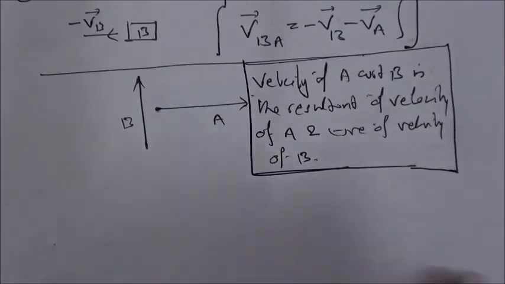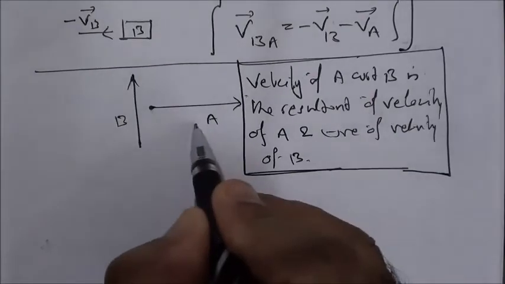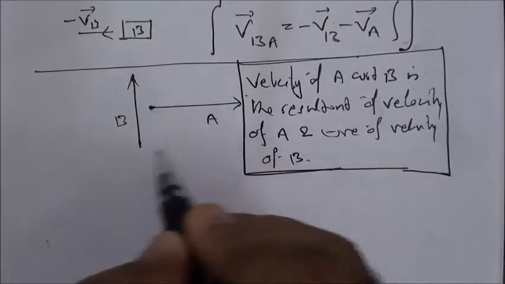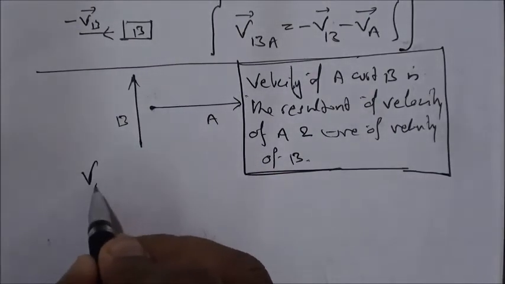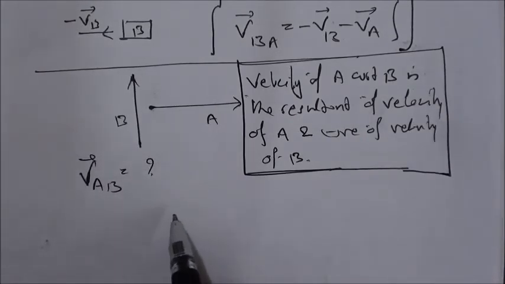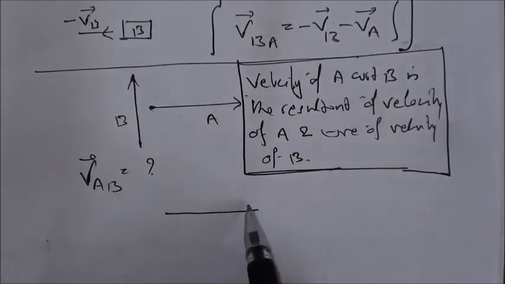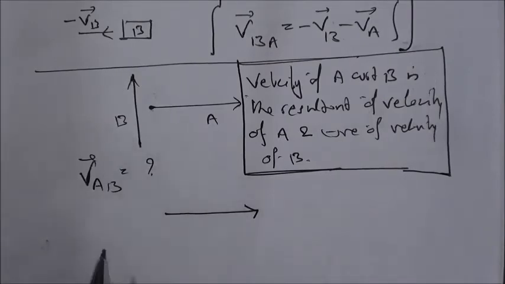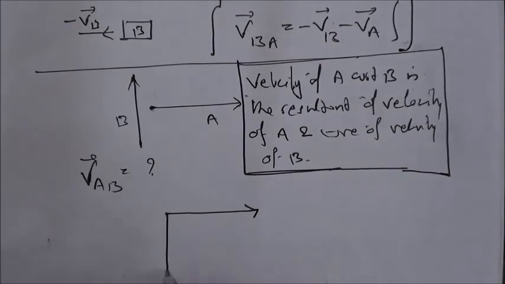Now let us take this example. This is VA in this direction, VB. If I say find the velocity of A with respect to B, then it will be the resultant of velocity of A and negative of velocity of B. B is up, so it is taken as down.